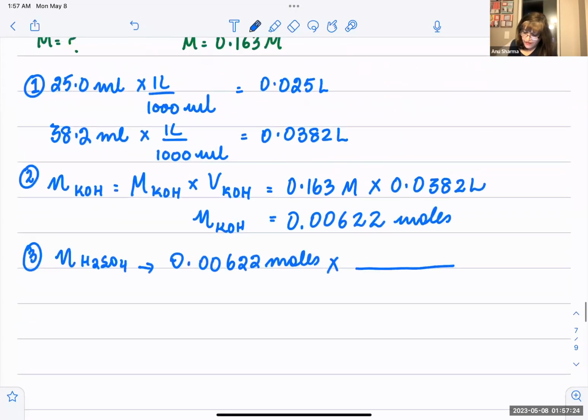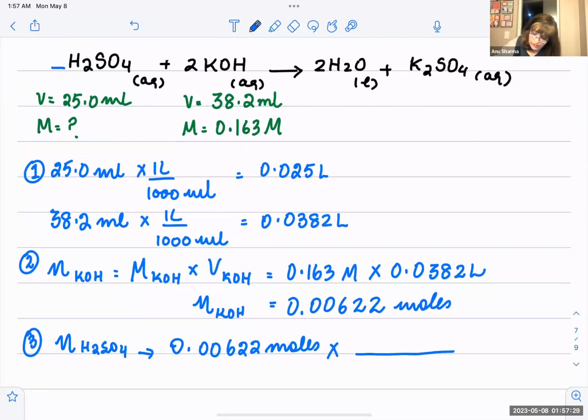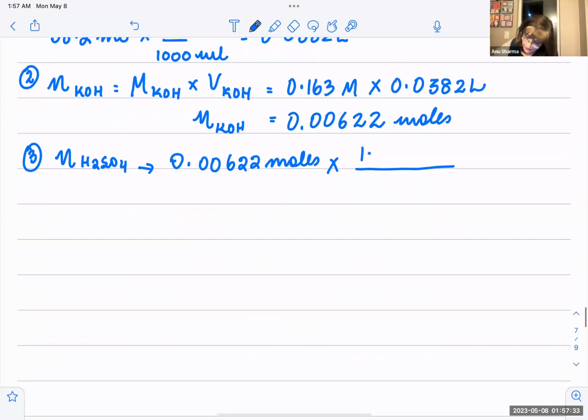And here you have from the balanced equation a 1:2 ratio, 1 mole of H2SO4 reacting with 2 moles of KOH.